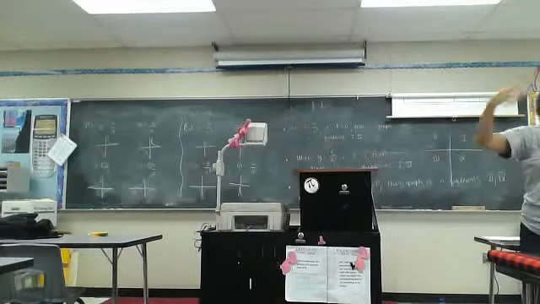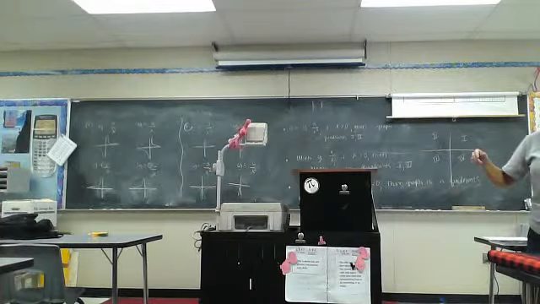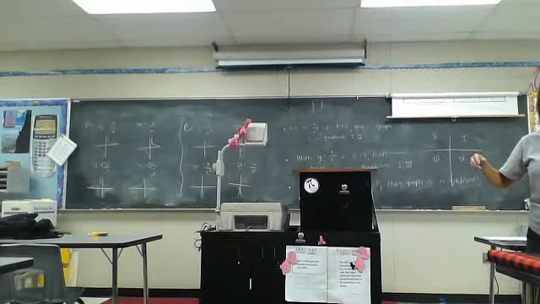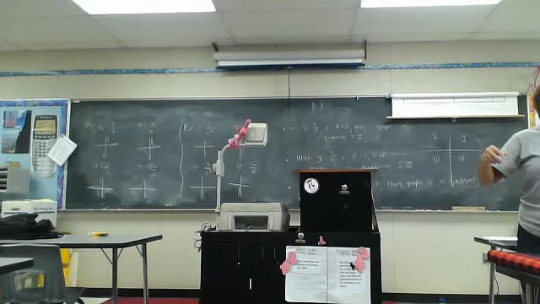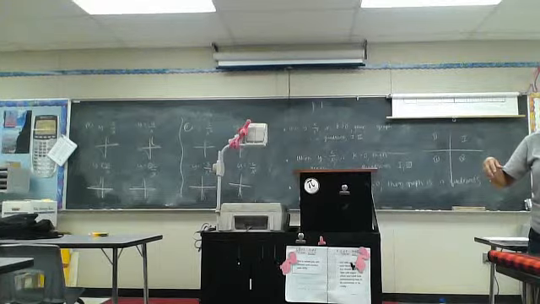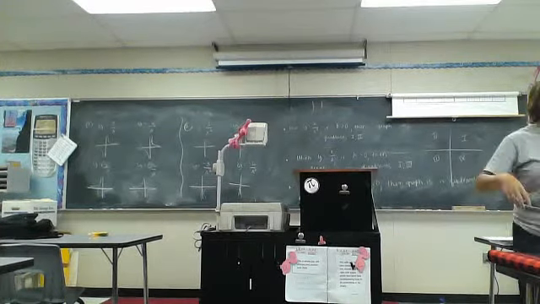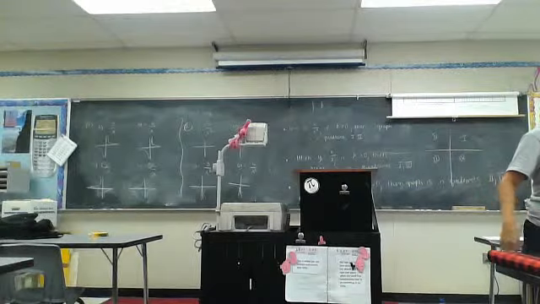Now, I don't know how we're going to do this. Somebody can be creative. What would y equals 2 over x be? You kind of need that first and third quadrant, those arcs in there.